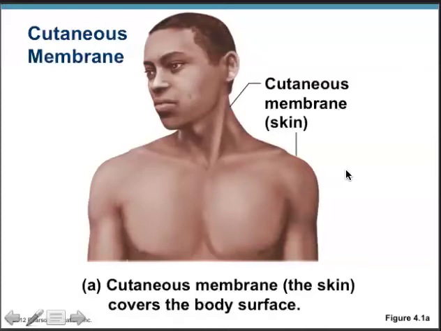It doesn't have sweat or oil glands. It doesn't have hair. It lacks a lot of vascularization, not a lot of blood vessels in there. And it also is somewhat devoid of nerve endings. So this is simply a fail-safe for the body to try and seal the inside of the body from the outside.